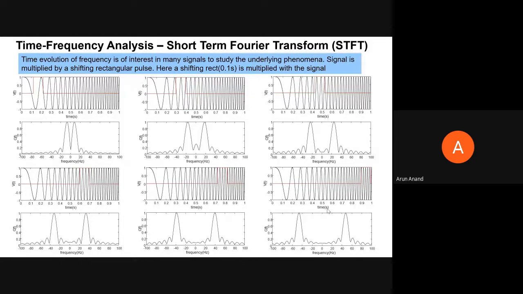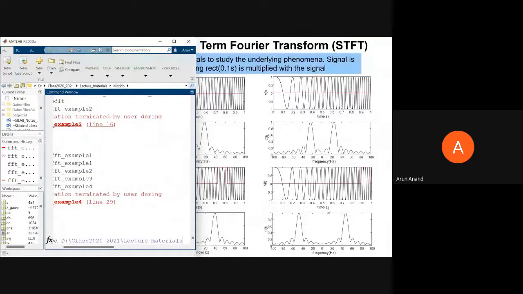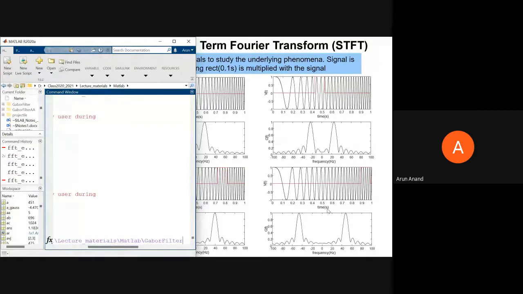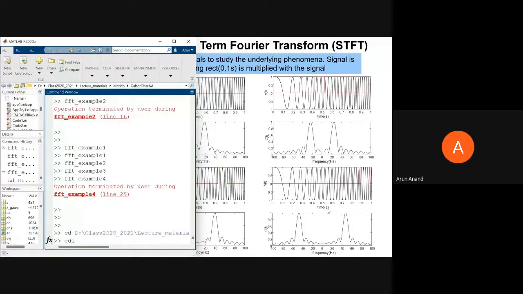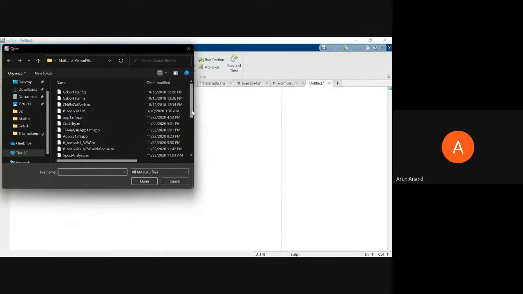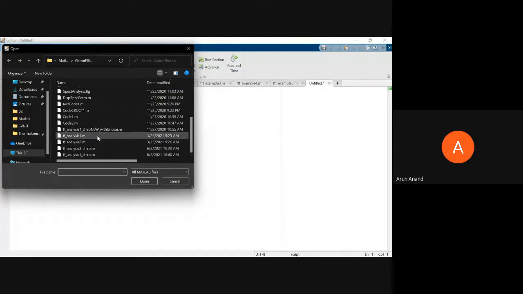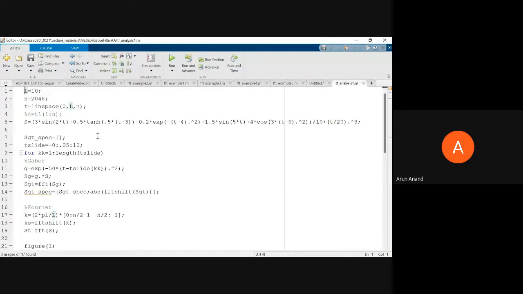So let me just go to TF analysis 1. I've already used this.